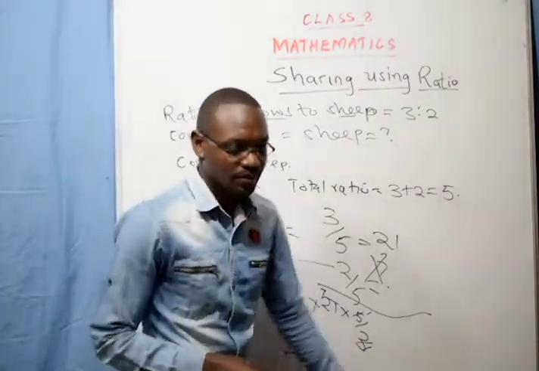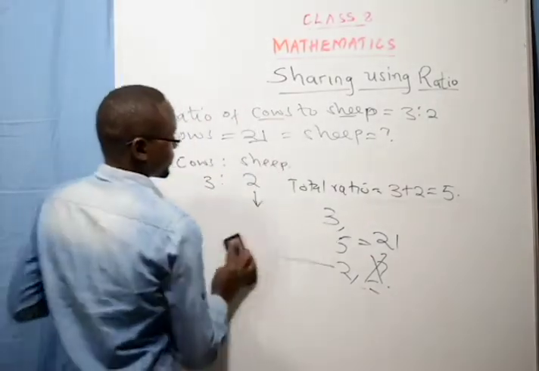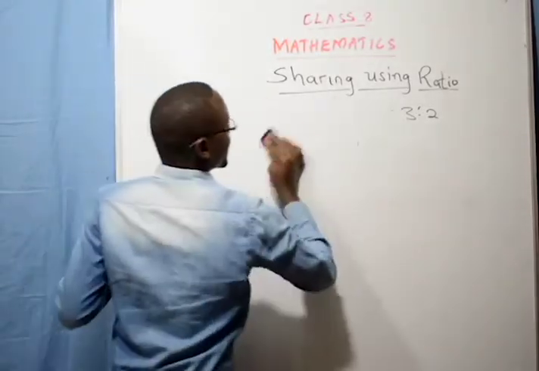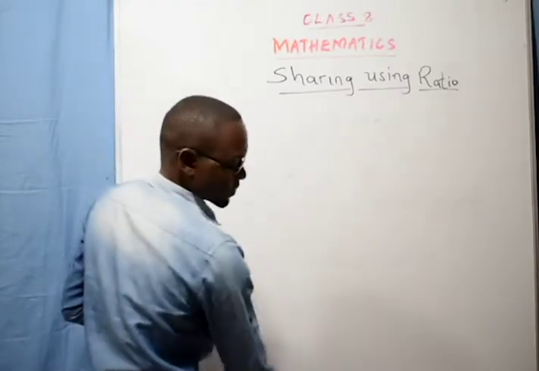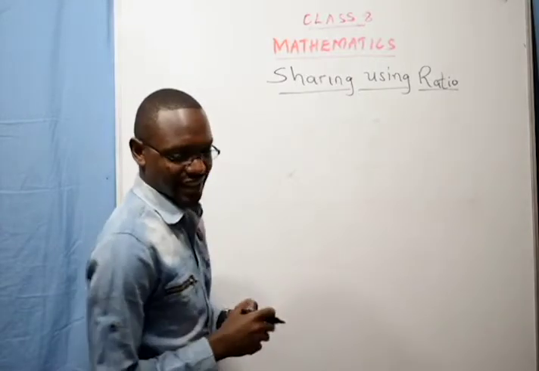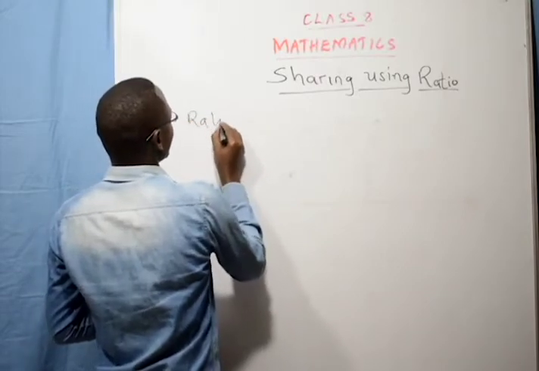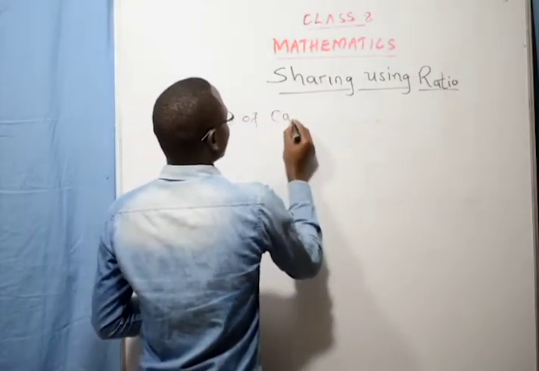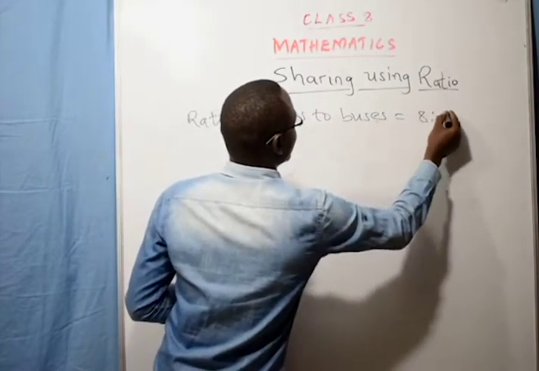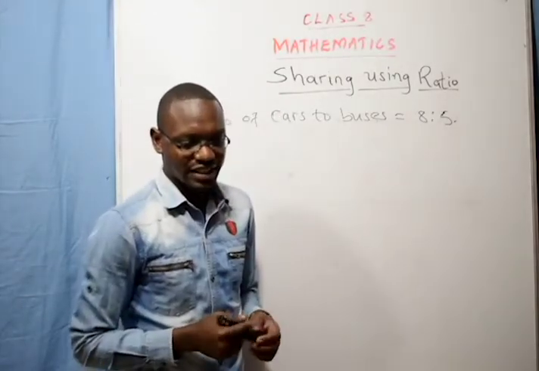I give you another example. We share using ratios. You are told in a garage the ratio of cars to buses is 8:5.